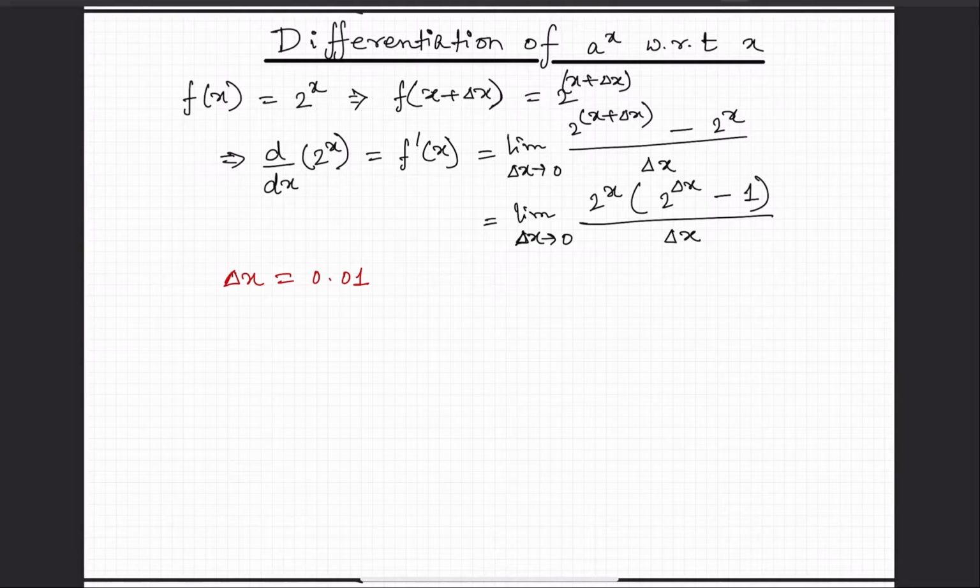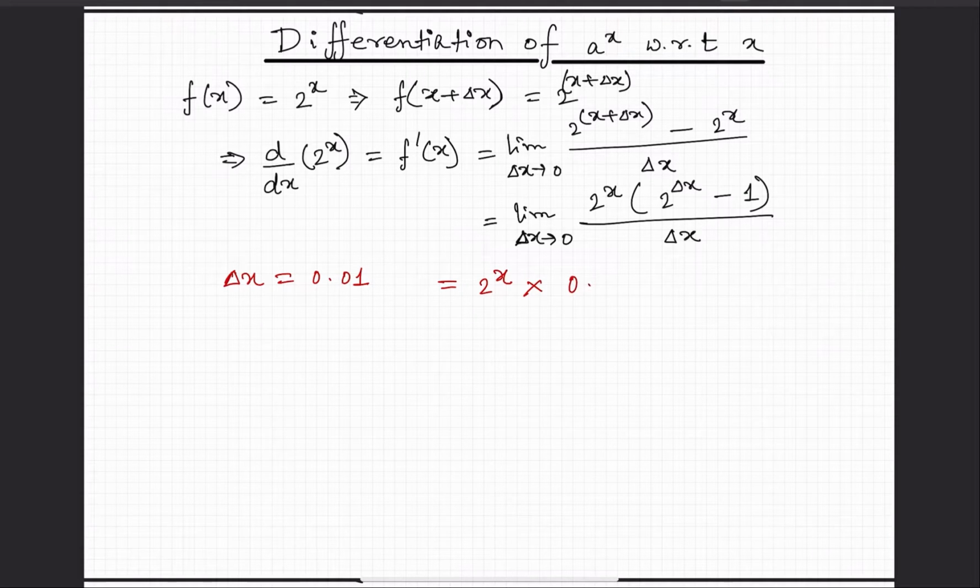If we put it in a scientific calculator, we would get 2 to the power x multiplied by, let me do a quick multiplication in my scientific calculator, 2 to the power 0.01 minus 1 divided by 0.01.